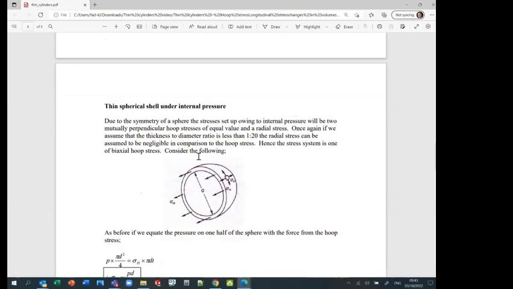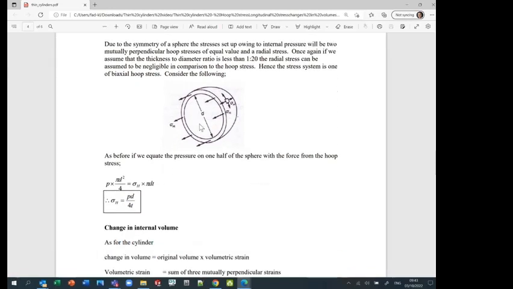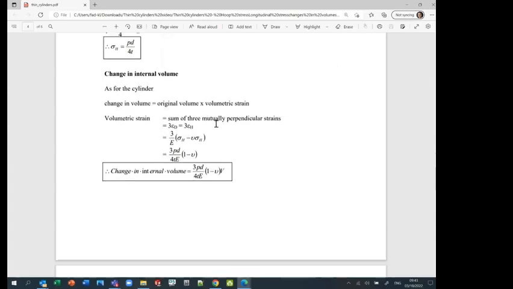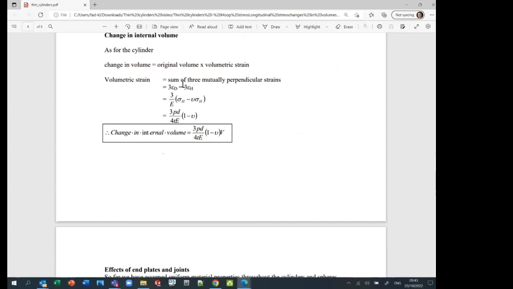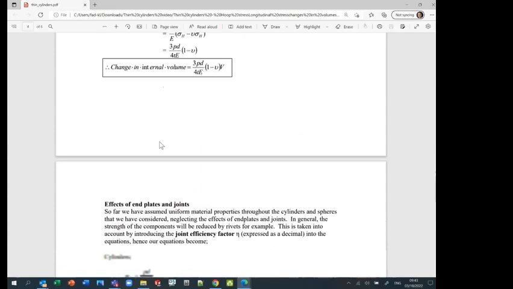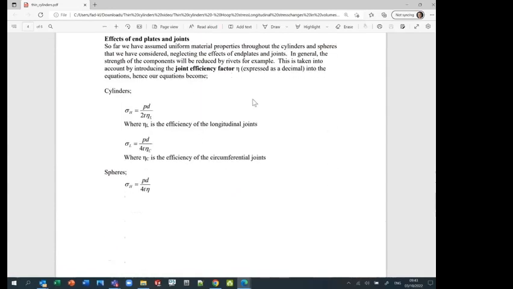We then went on and we showed that our thin sphere, in today's class, we've been talking about the special case of a sphere. We showed that the hoop stresses are halved by using a sphere rather than a cylinder. And we then went on and showed how we can calculate the change in internal volume. And then finally, we've had a look at the joint efficiencies. This idea that we've been considering the hoop stresses and the longitudinal stresses in our cylinder or our sphere as nominal values.